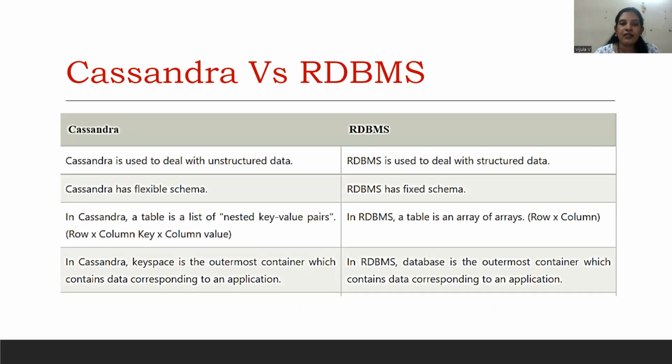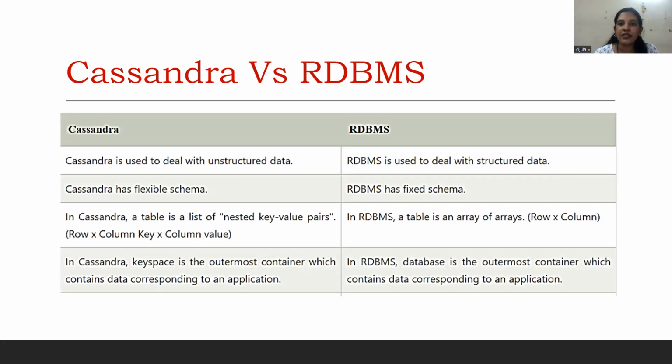So this is the difference between Cassandra and RDBMS. Cassandra is used to deal with unstructured data, whereas RDBMS is used to deal with structured data. Cassandra has a flexible schema, but RDBMS has a fixed schema. In Cassandra, a table is a list of nested key-value pairs, that is row, column key, and column value.